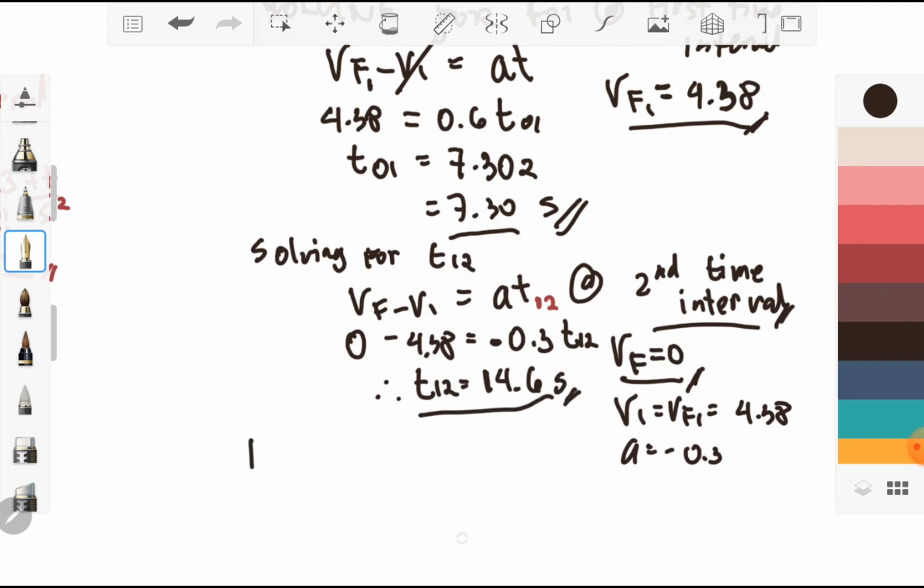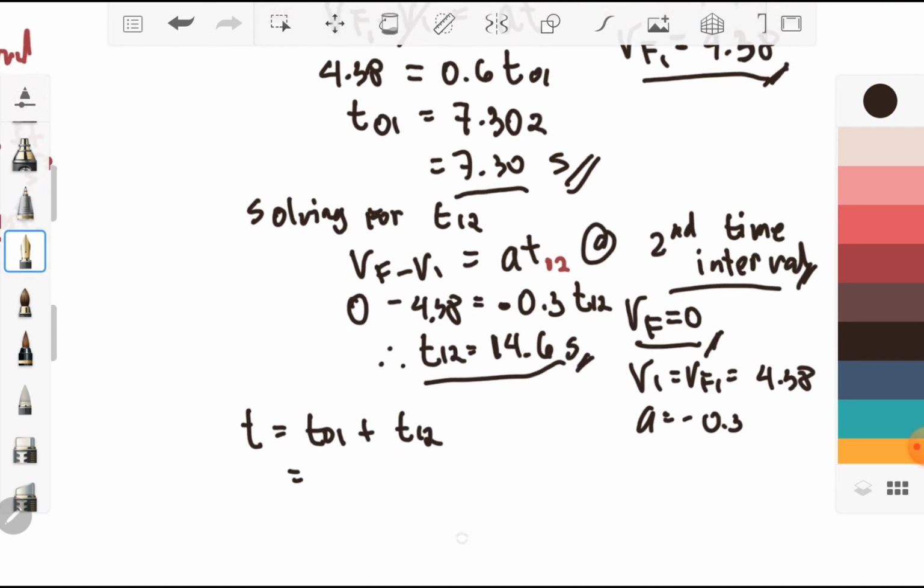So getting the total time is equal to T01 plus T12, which is equal to 7.3 plus 14.6, which is basically equal to 21.9 seconds.